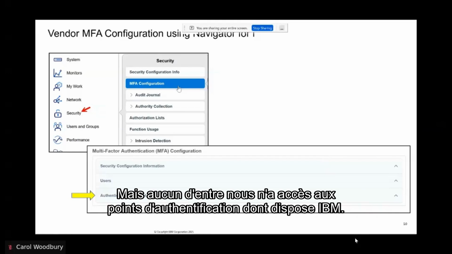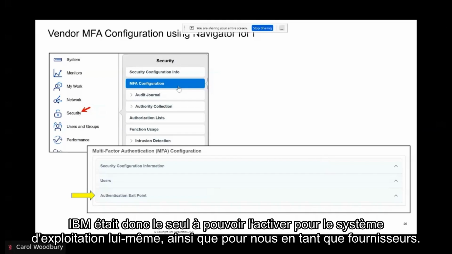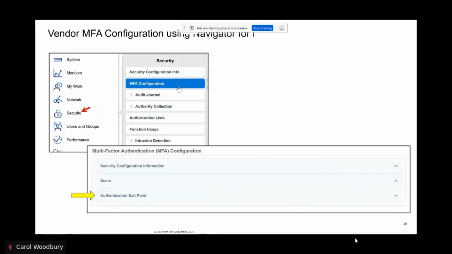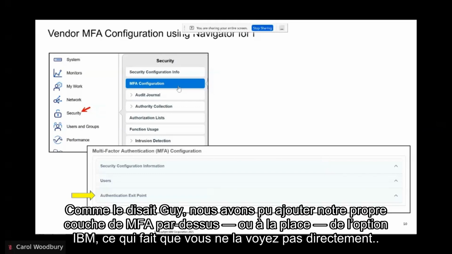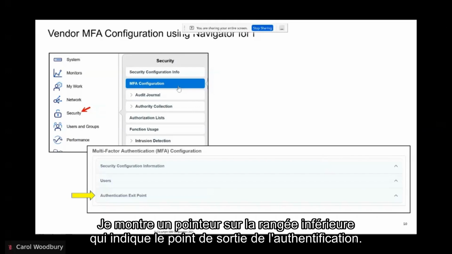So IBM was the only one that could enable it for the operating system itself, as well as for us as vendors, as Guy was saying, to add our own layer of MFA on top of or instead of the IBM option. You can't see it, Steve's head is in the way, but I'm showing a pointer to the bottom row there where it says authentication exit point.